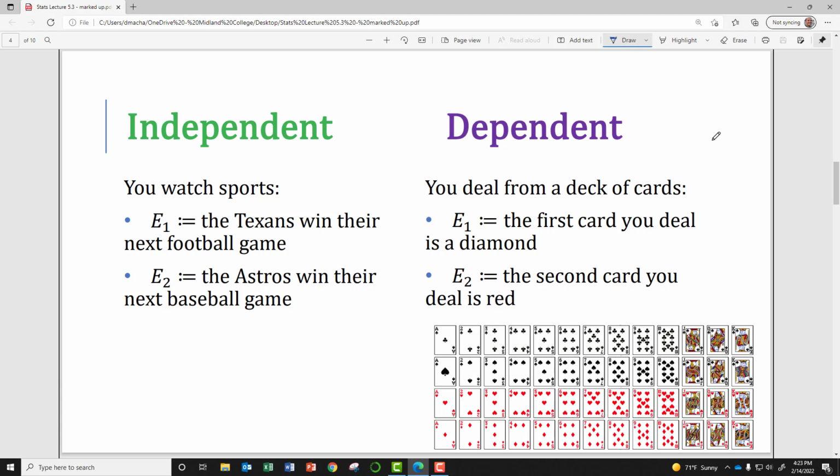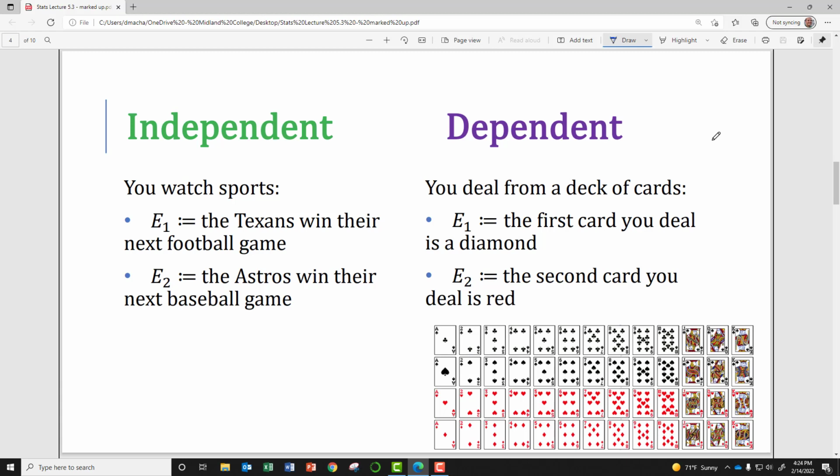And then on the dependent side, we can say E1 is that whenever we deal a card out of a standard set of playing cards with 52 cards, the first card you deal is a diamond. And E2, the second card you deal is red.